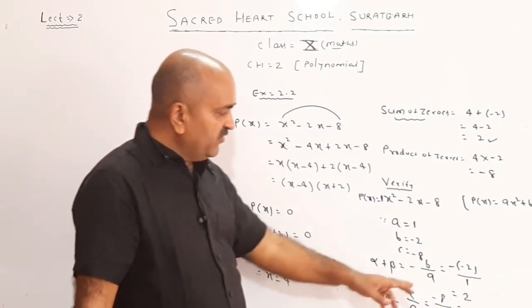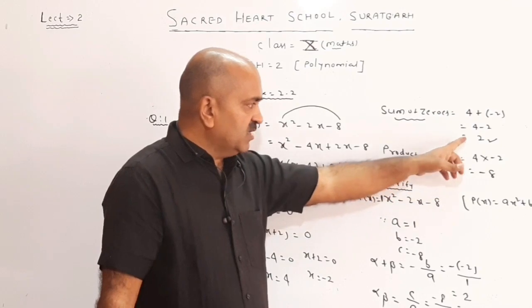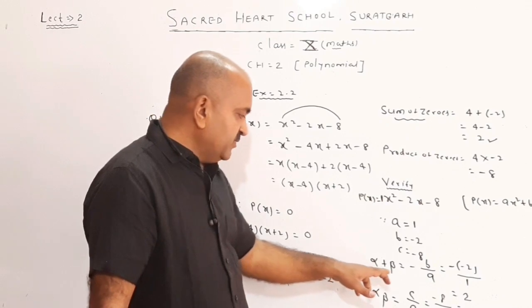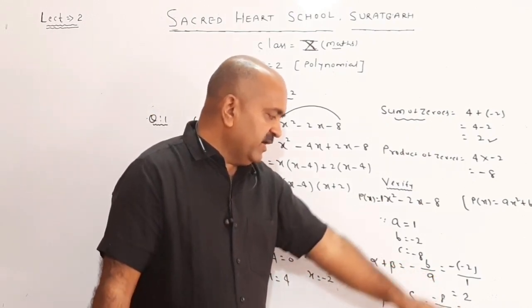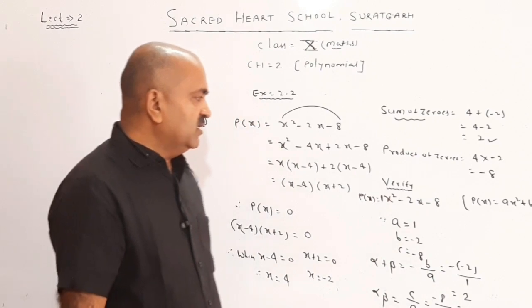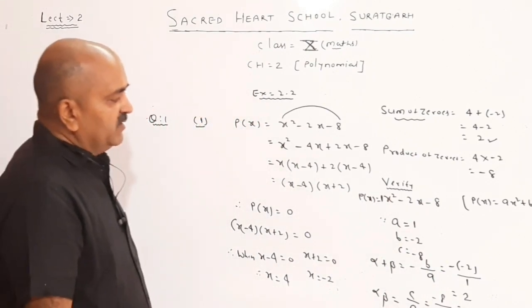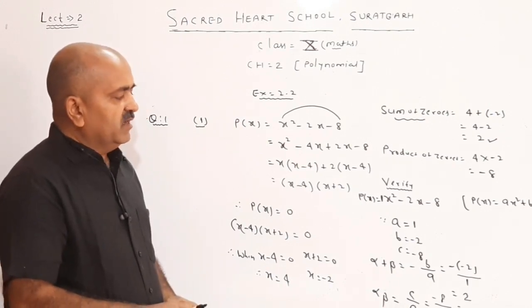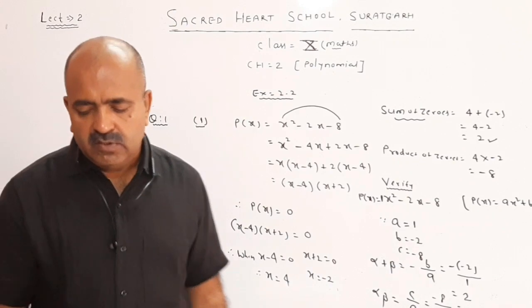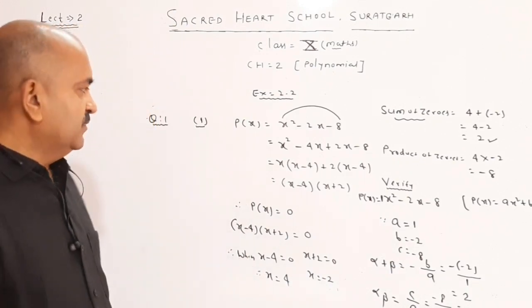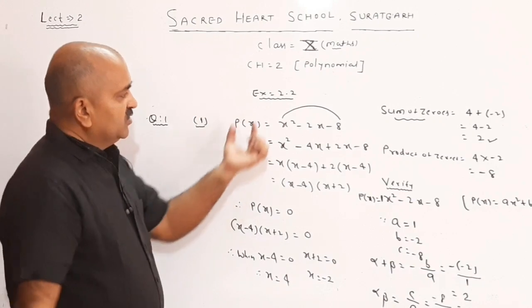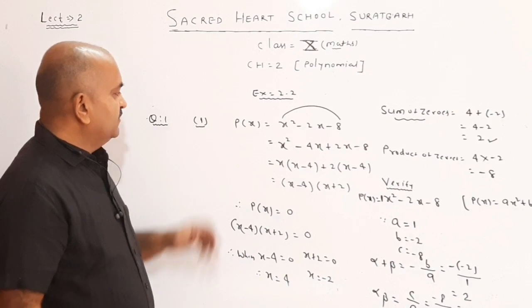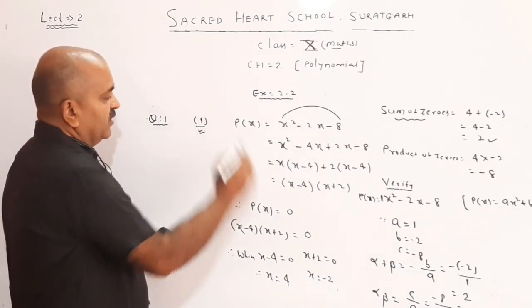If sum of zeros here is 2 and product of zeros here is minus 8, and alpha plus beta equals 2 and alpha beta equals minus 8, if both are the same, then the question is correct. It means we verified this question by finding zeros and verifying the relationship between the coefficients of the polynomial. Okay, students. Now this question, exercise 2.2, question number 1, part 1, is complete.